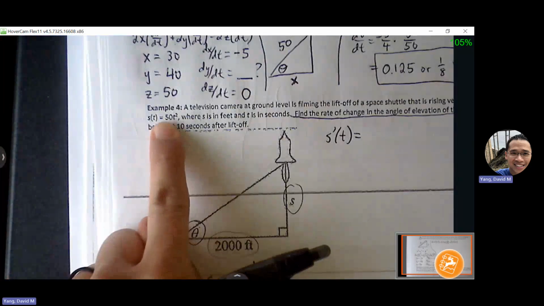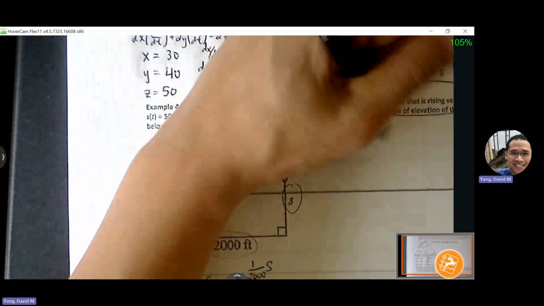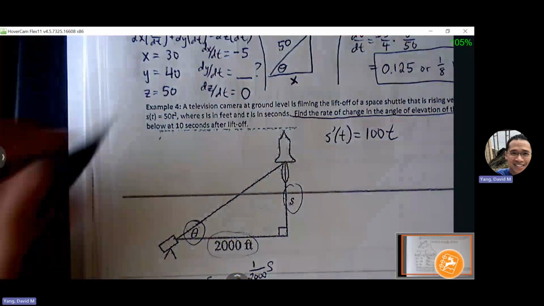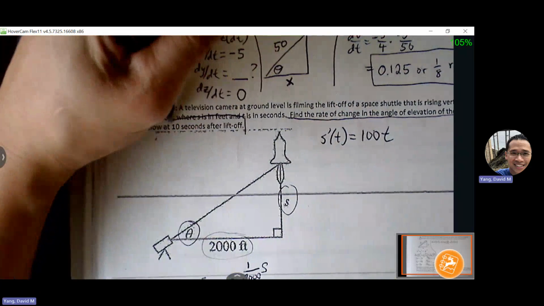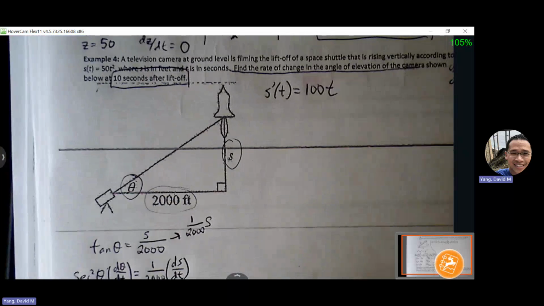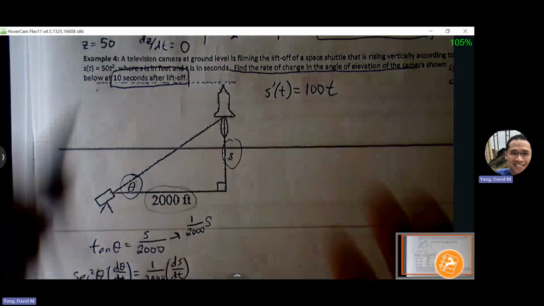Let's build a derivative here. So s prime is equal to what? 100t. We want to find out 10 seconds after liftoff. So the moment in time that we're talking about is 10 seconds in. So how can I find the velocity at 10 seconds?